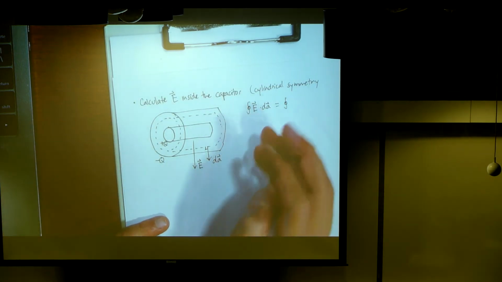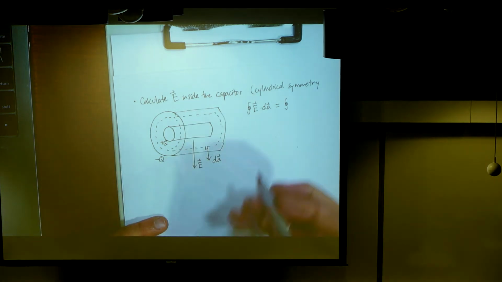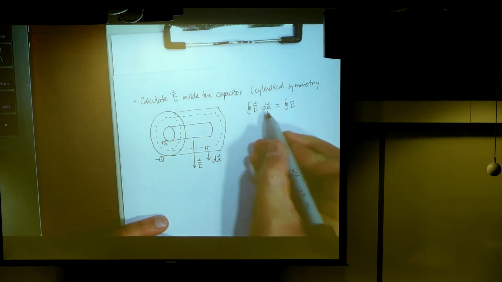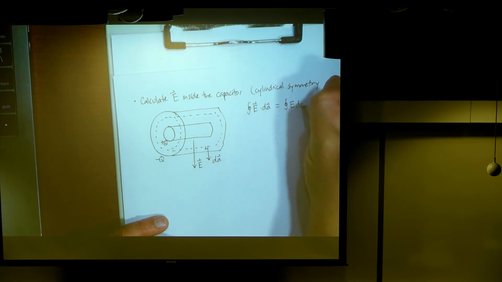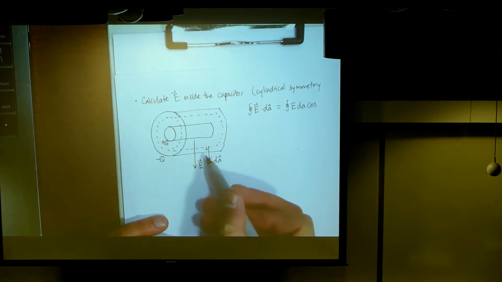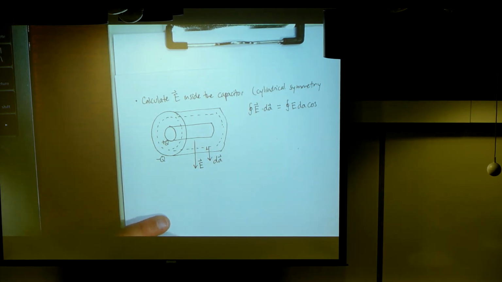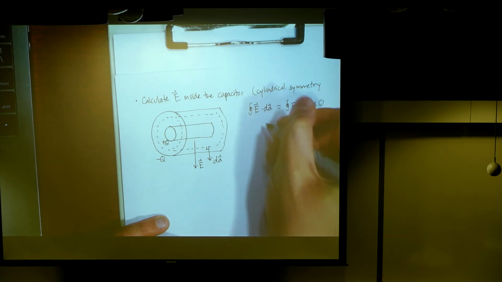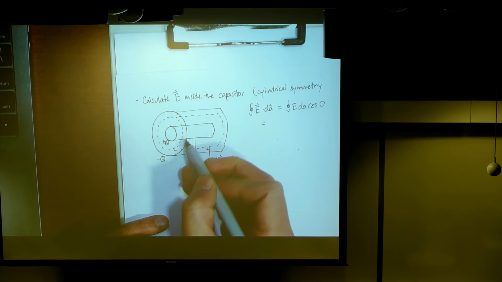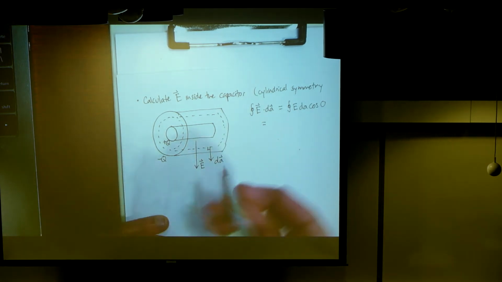So I'm only thinking about the flux through the curved surface. Since we have a dot product, that's just E times dA, the magnitudes, times cosine of the angle between them, which is, what's the angle between my E and dA vectors? 0.